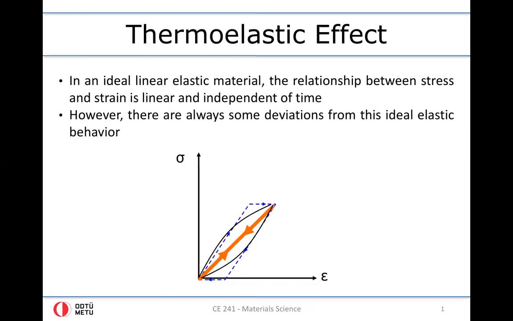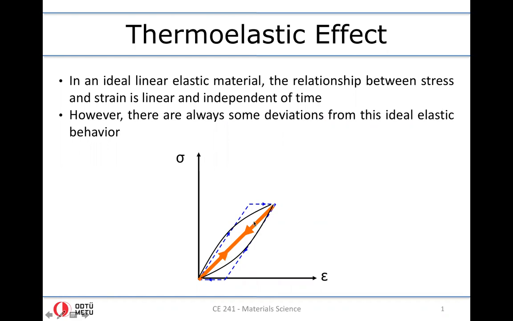So let's take a look at first what happens if you deform a material at higher rates of deformation. In this stress strain diagram, you see essentially three classes of curves. The one that you see in the middle, the orange one, is the ideal elastic behavior.